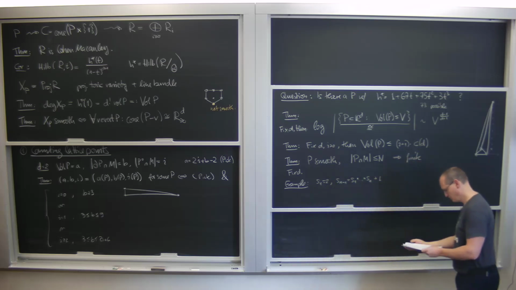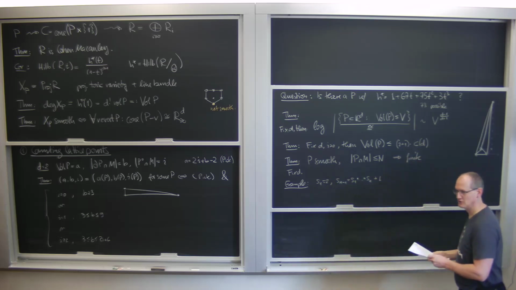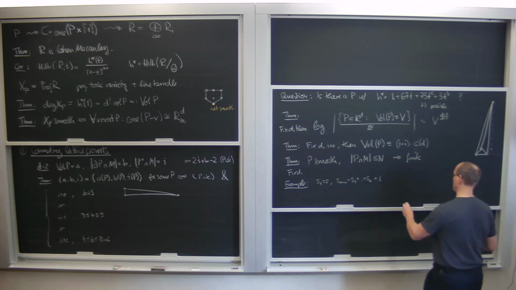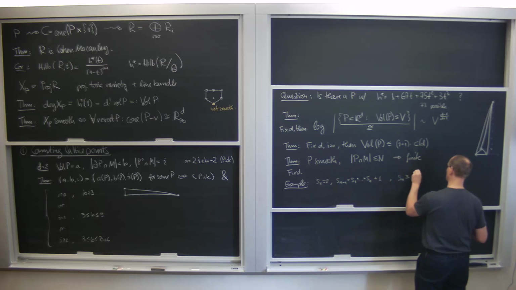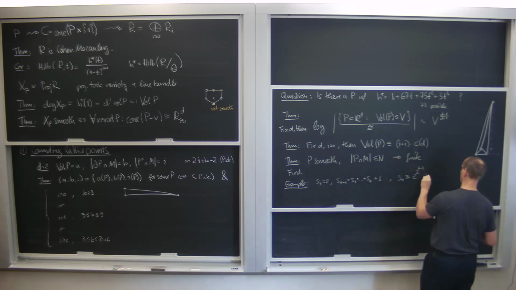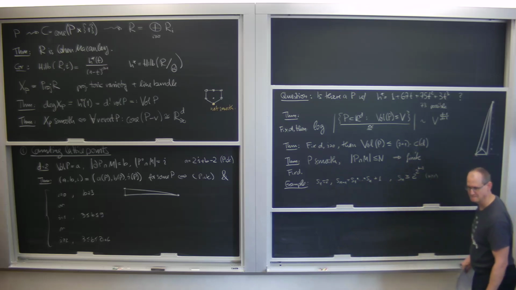Right? 2, 3, 7. In fact, it is bounded below, and then minus 2. This thing grows fast.